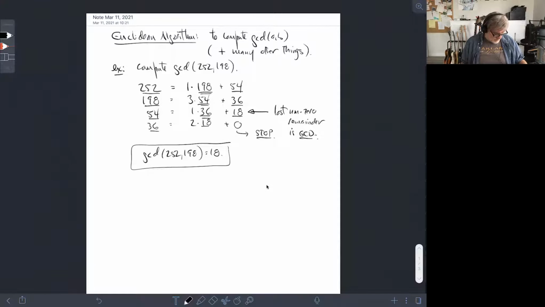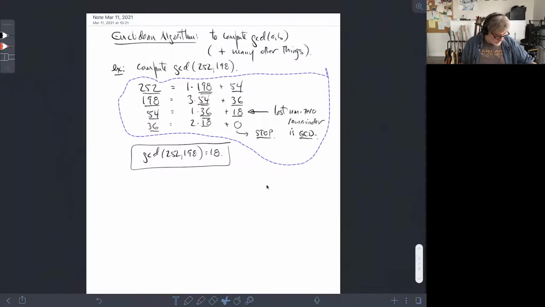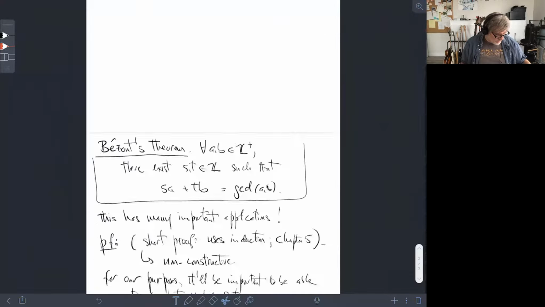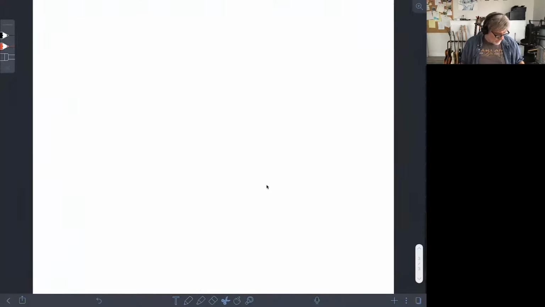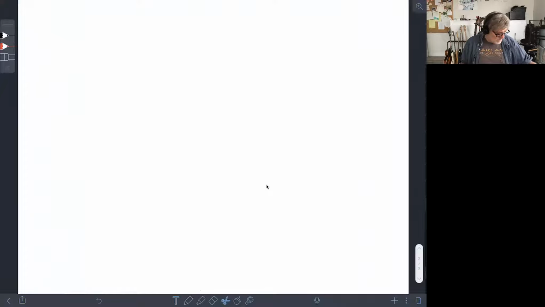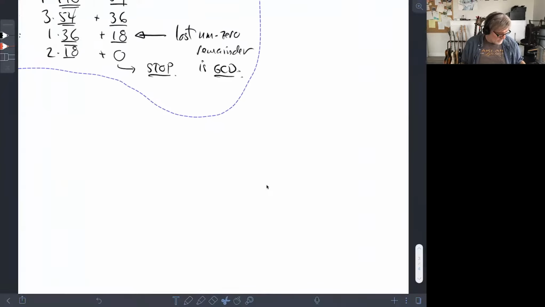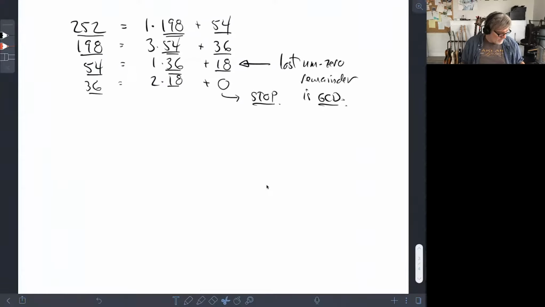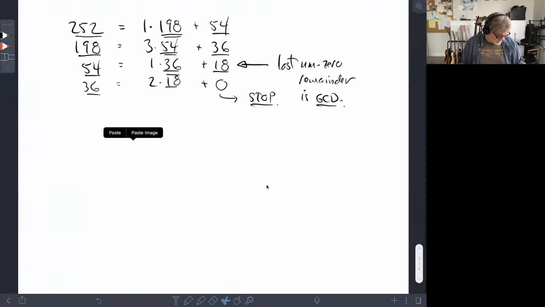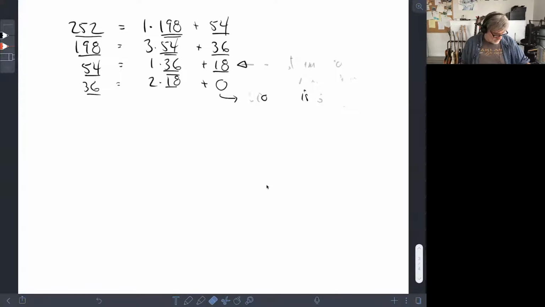Euclidean algorithm. I'm going to be very lazy here and copy paste. I've got this, and I'm just going to edit it a little bit.